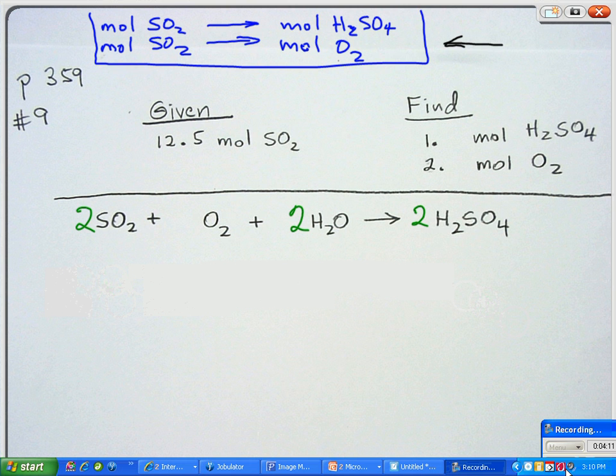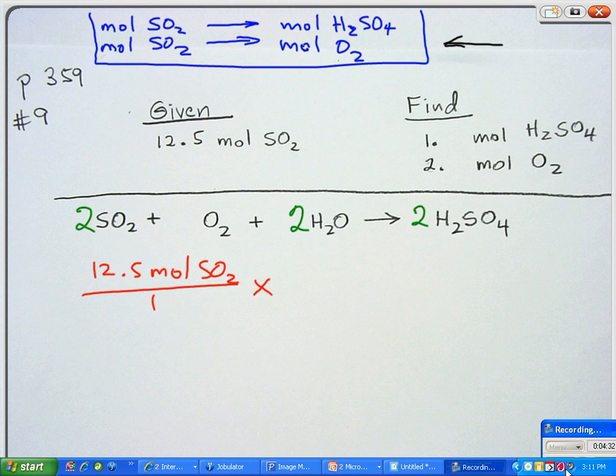Our first question was to find the sulfuric acid moles. So we're going to start with the given, 12.5 moles of sulfur dioxide over 1. See, this is just like our example problem number 1, only it's twice as much.